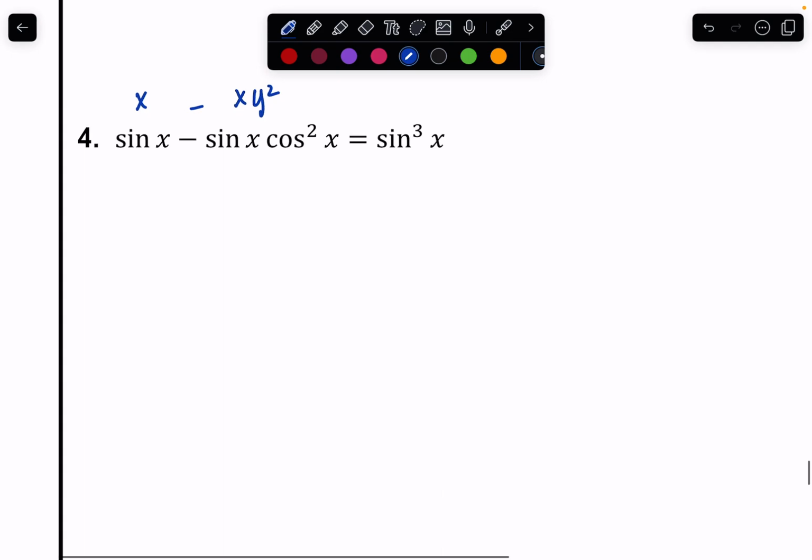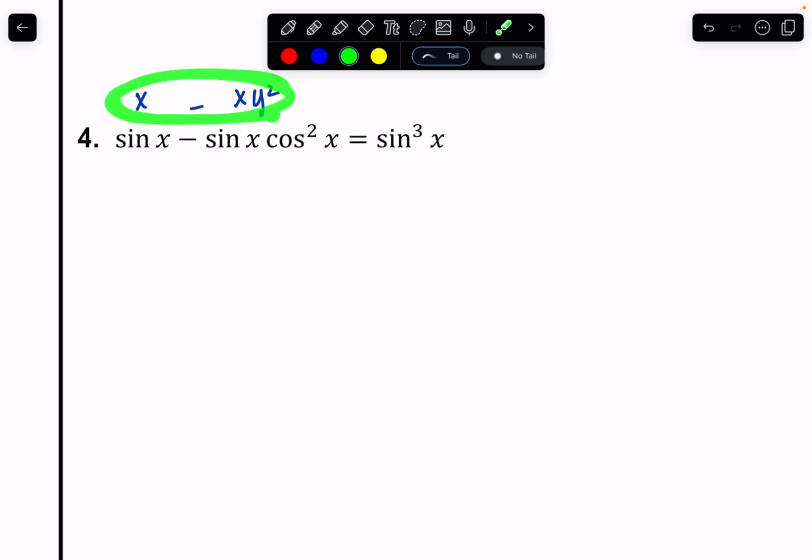So using this though, if I say x is going to be sine, and then cosine will be y, and I have 2 cosines, so y squared. If this was my problem here, circled in green, what could I do to maybe manipulate that? What could I maybe take out of that equation? What do I have the same? An x, right? So it's the same thing here. Factoring still applies.